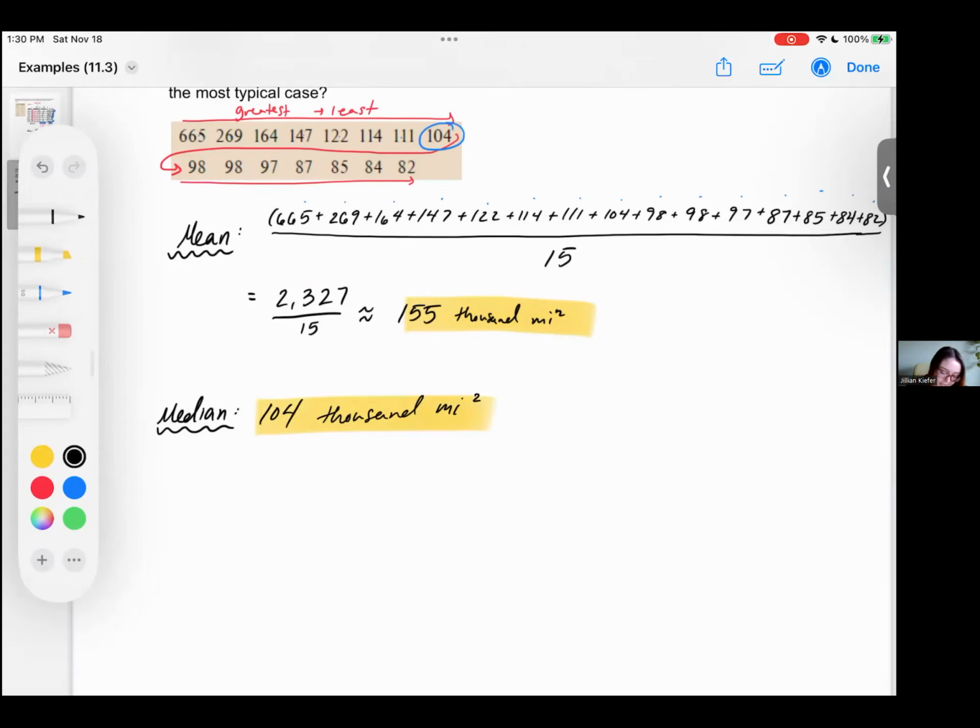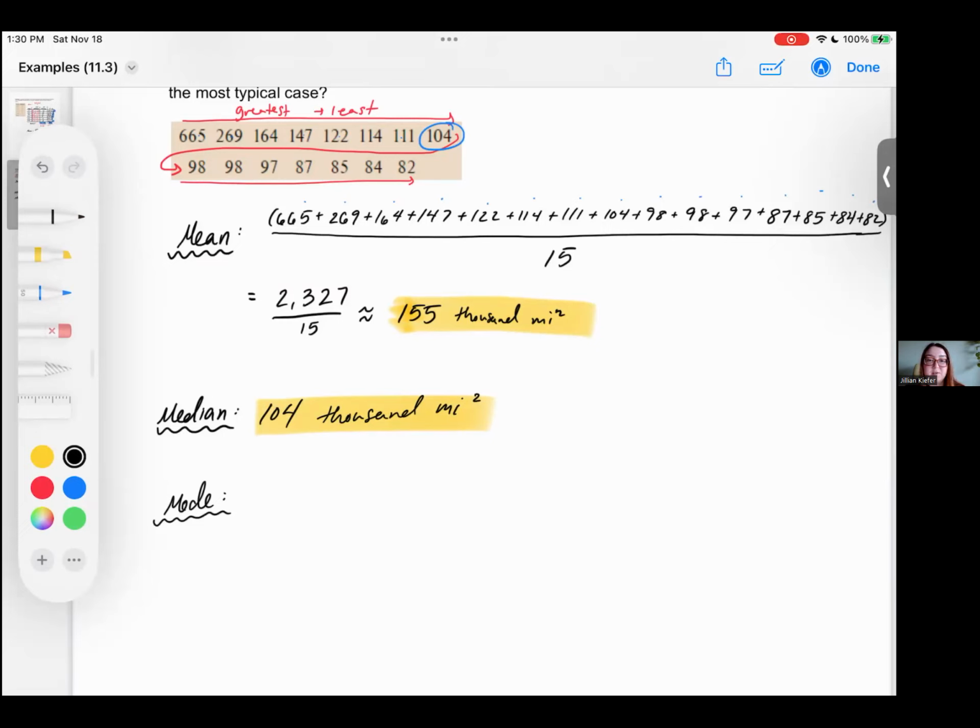So we have our mean, we have our median. Our next one will be our mode. Since it's all in order, we'll know if a number appears more than once because they'll be right next to each other. So if we want to find the mode, we're looking for the one that shows up the most amount of times.